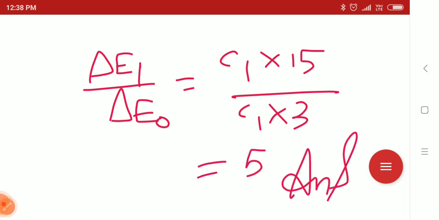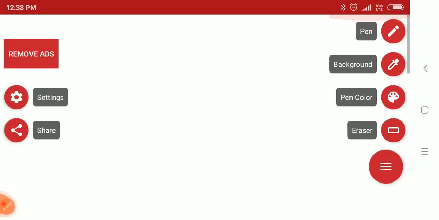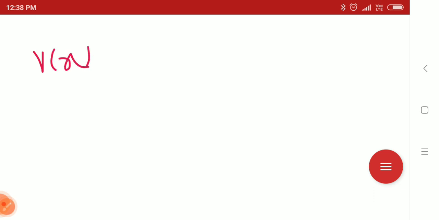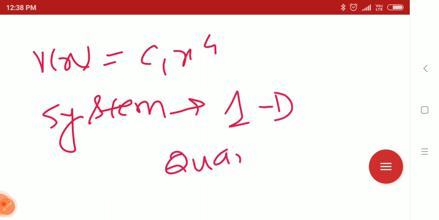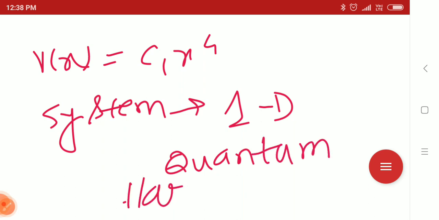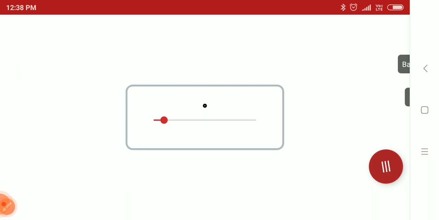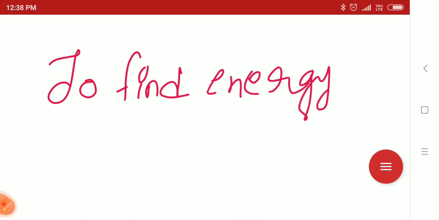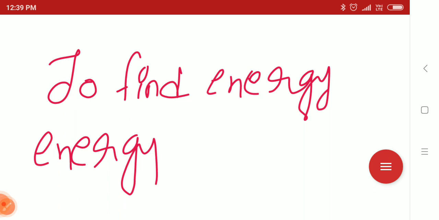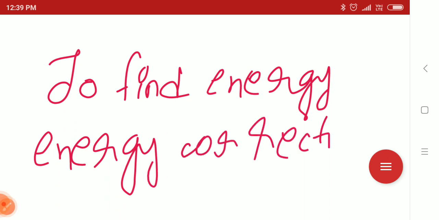But what is the most important thing we learned from this question? Whenever the perturbation term is of the form C1 into x to the power 4, and the system is a 1D quantum harmonic oscillator, and we are asked to find the energy correction in the nth state, which formula should be used?